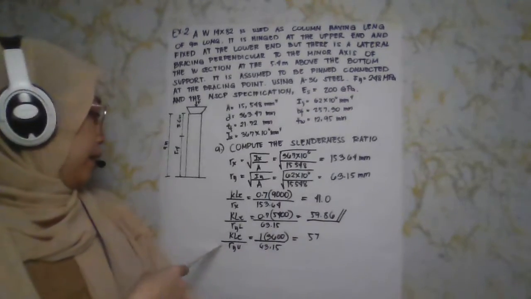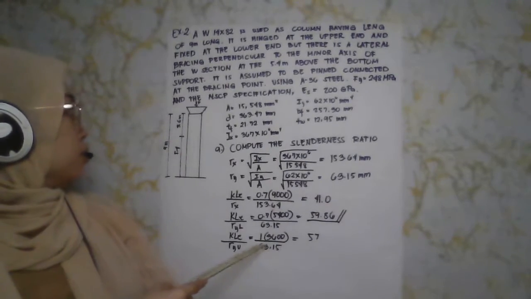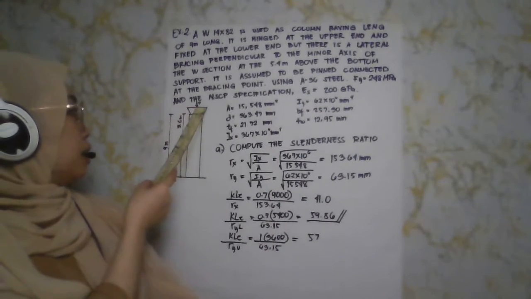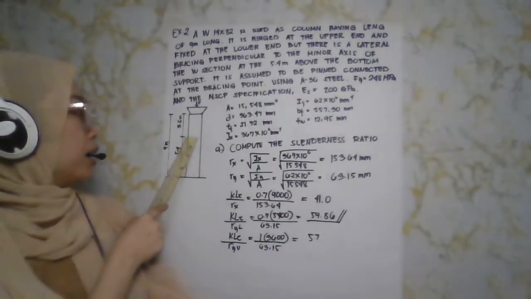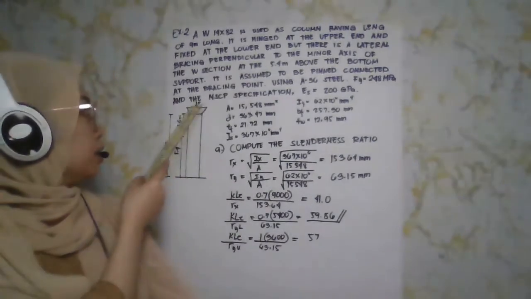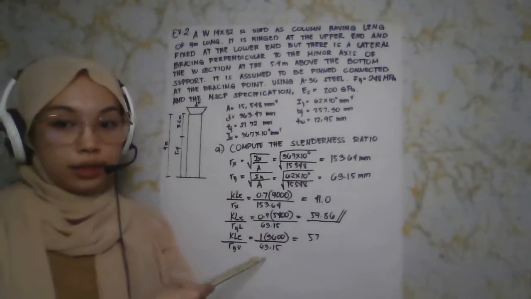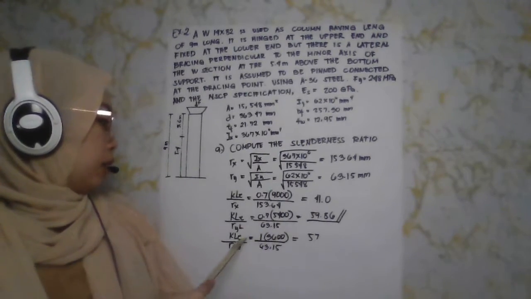So, makuha natin ay 59.86. And from the upper naman, 1 siya because may hinge siya sa isa and hinge din sa isa. So, according to the standard, the theoretical K of that ay 1. So, multiply lang natin siya sa effective length niya.